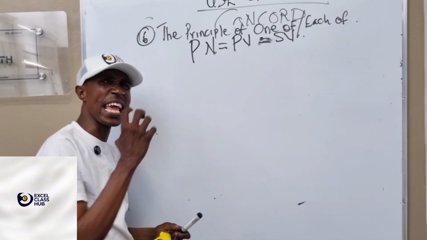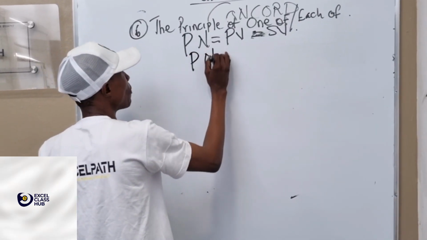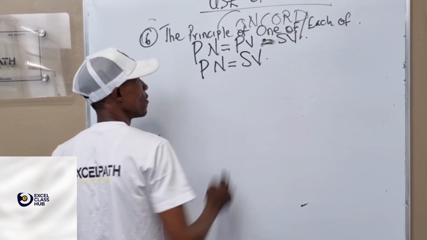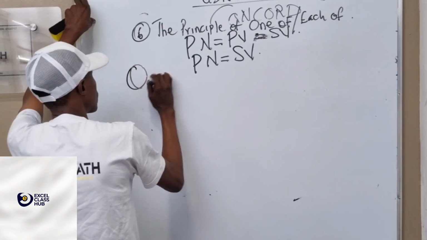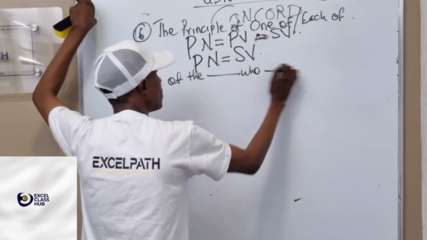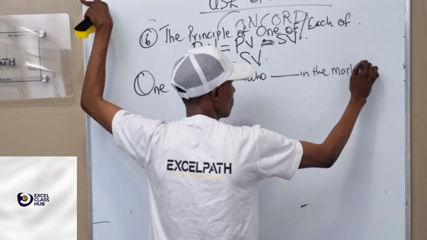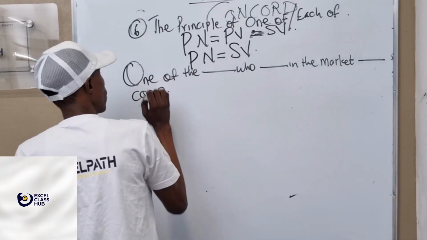If the question involves 2 dashes, you have to make use of your plural noun and with your singular verb. Look at this question. One of the dash who dash in the market dash come. First stop.